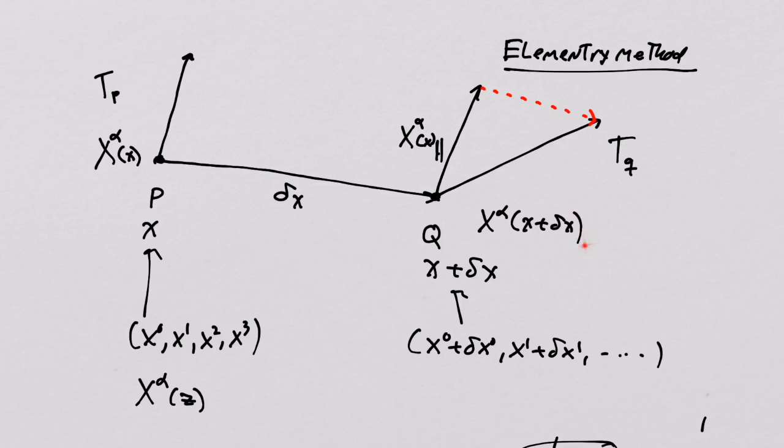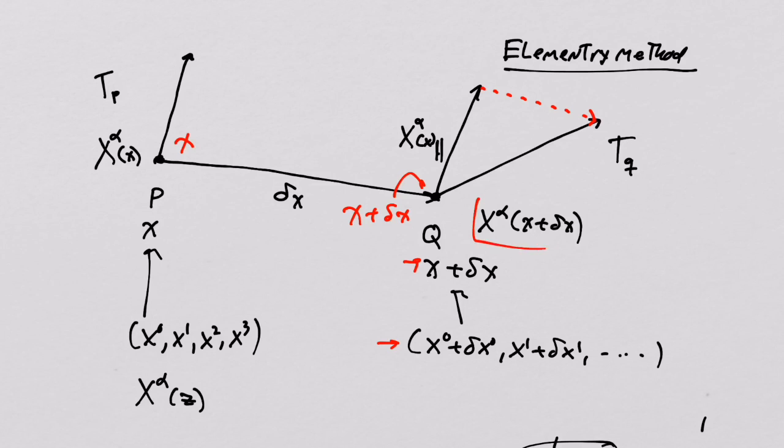This is the vector that the vector field places at this location near x. So here's location x, just to make it clear that this point is located at x, and this point here is located at x plus little delta x, where, again, all of these are in play.